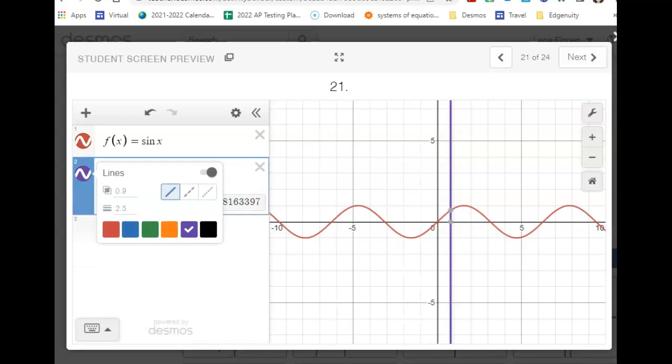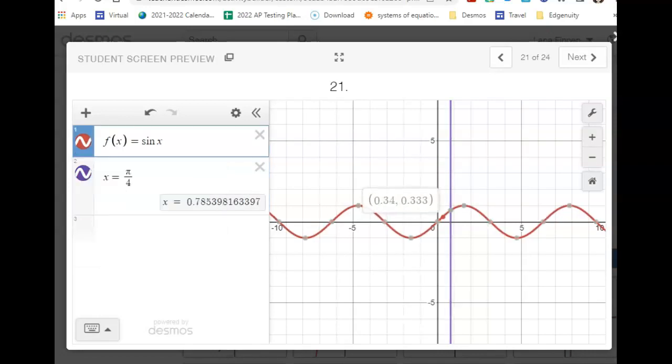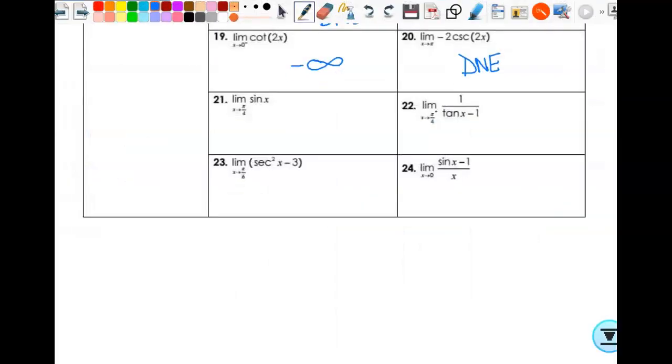All right, so I can tell you that the limit exists. Would you agree with that? I can tell it exists. So I need to figure out what's happening there. Well, when I actually get there on that point, I get pi fourths and then 0.707, but I probably don't want a decimal. Look at your function. If it actually exists, can we just substitute it in? What's the sine of pi fourths? Square root of 2 over 2. That's my answer. Square root of 2 over 2.